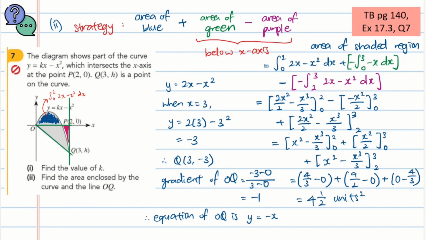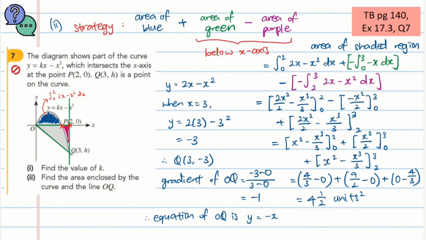So be mindful that P is referring to this part here, this part that I've marked out. If I want to use half times base times height, I will definitely need to know what this value here is, such that I can find out this base. And then also I need to know this height, which is the y coordinate of Q. So this is one way. Another way, which I am actually going to be doing as part of my solution that I have already written out here, is that, let me just erase things out a bit.